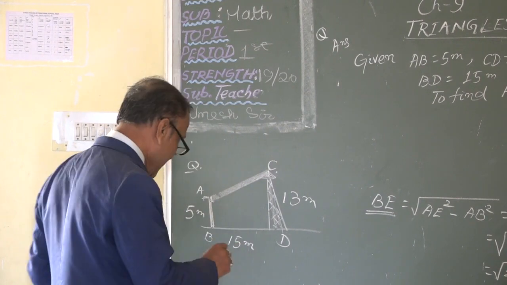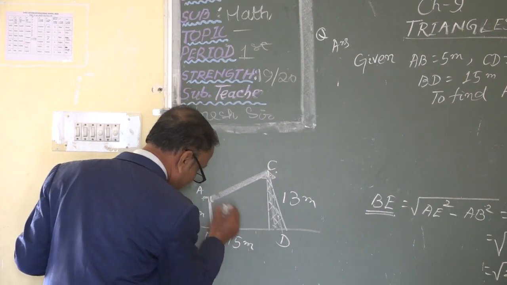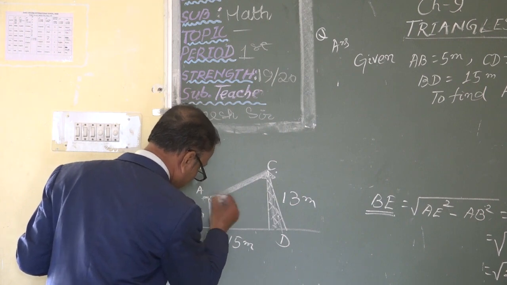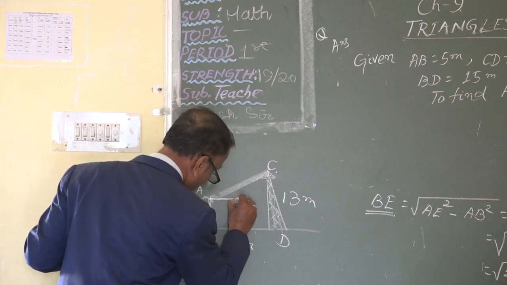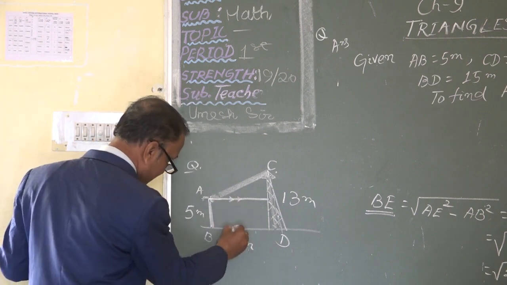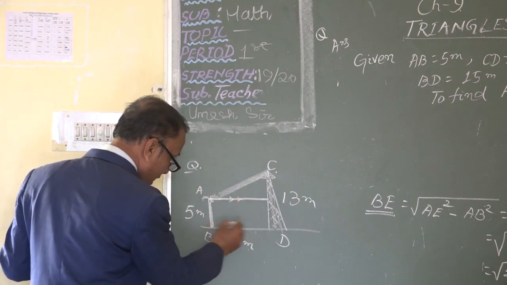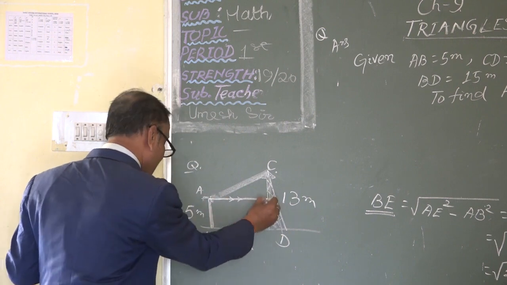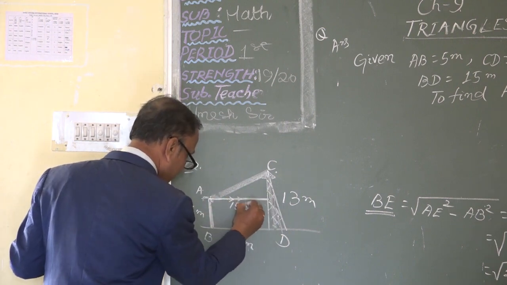First, what you will do? First, you draw a line parallel to BD. ये BD का साथ इसी पॉइंट A पॉइंट से एक पैरेलल लाइन ड्रा करो. ये अगर 15 है तो यहां से यहां तक कितना होगा? वही 15 मीटर.